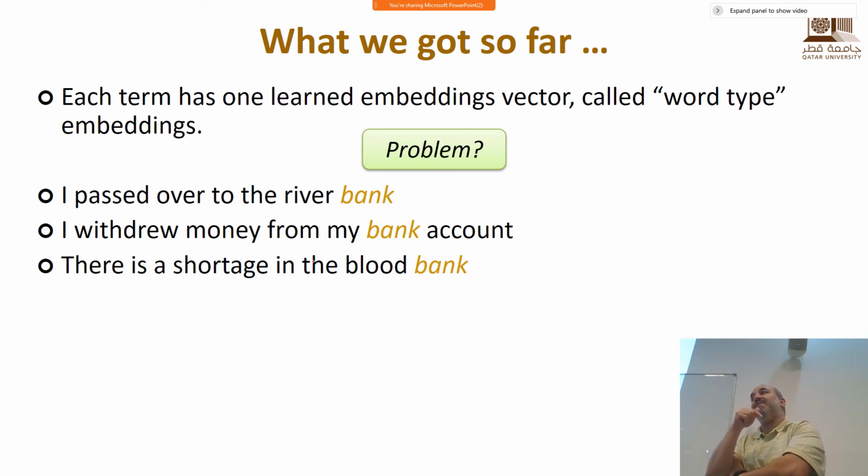But it might have been better to just learn embeddings for the tokens. So the embedding for bank here will be different from the embedding for bank here, and different from the embedding for bank here.